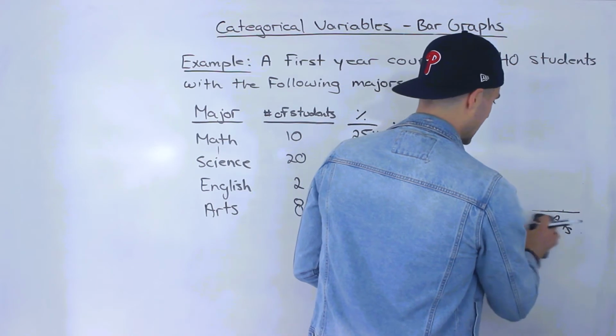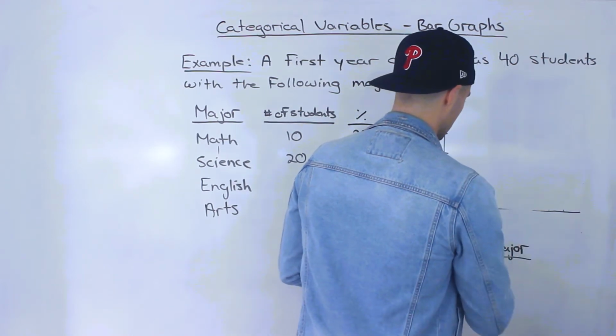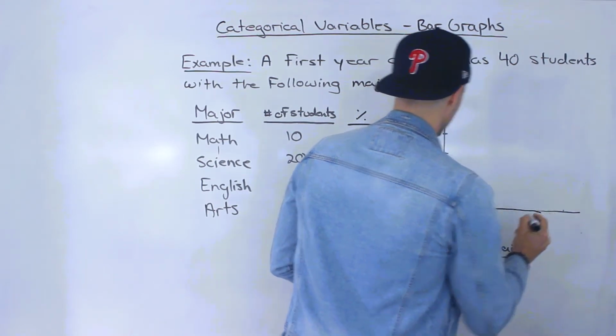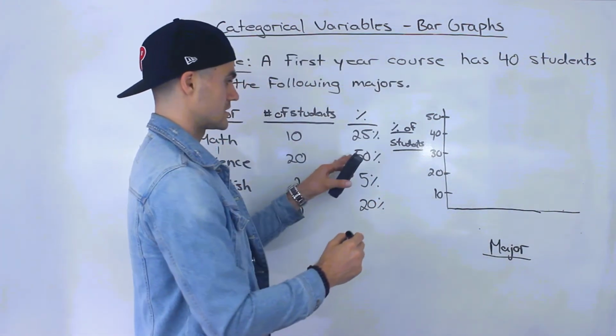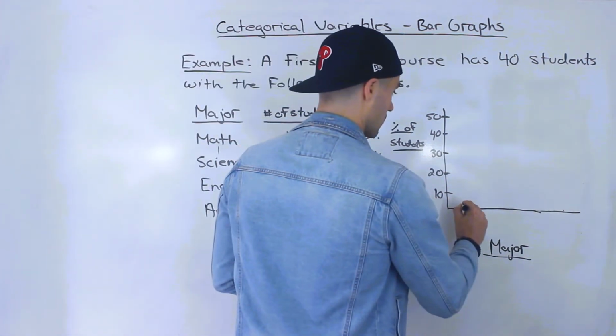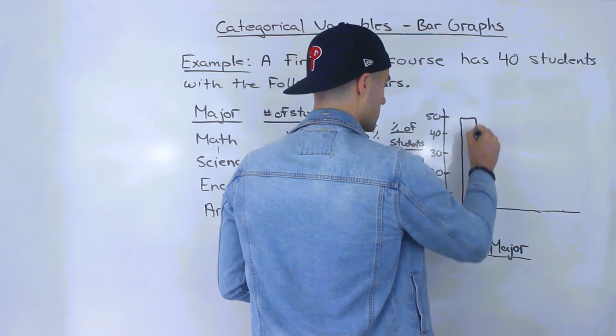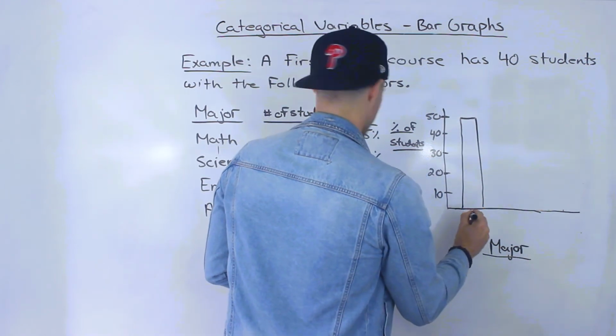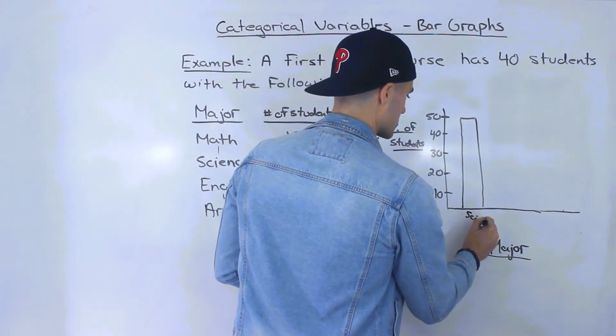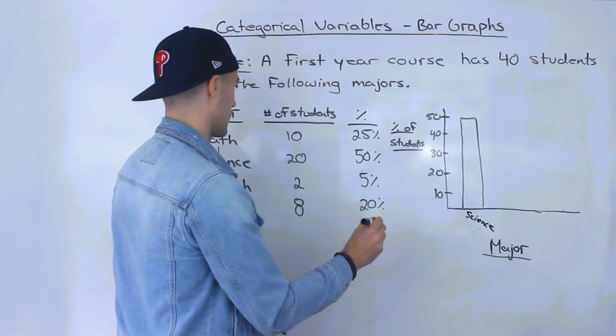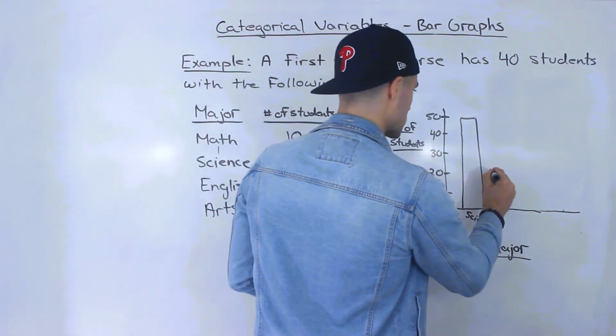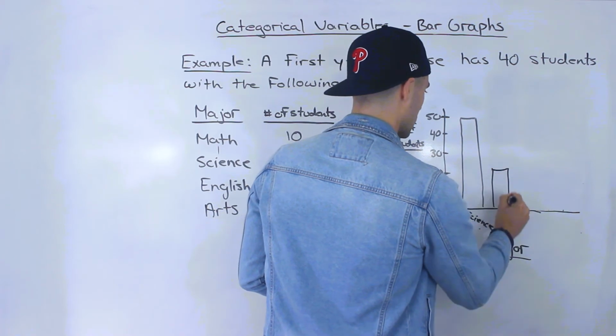So notice that science, this class here, is mostly science majors. So we would start with science, make that bar to 50%. So this would be science. And then we would have math next, so that would be at 25%. Right there.